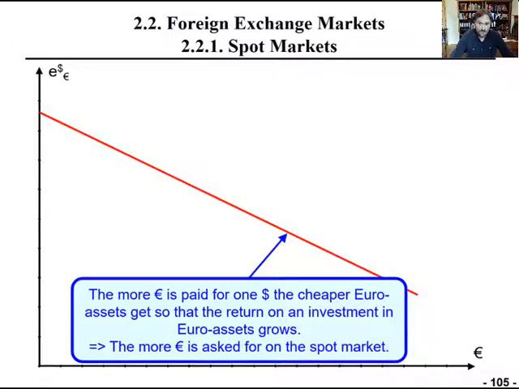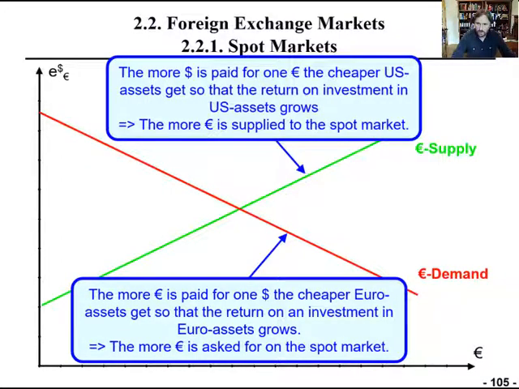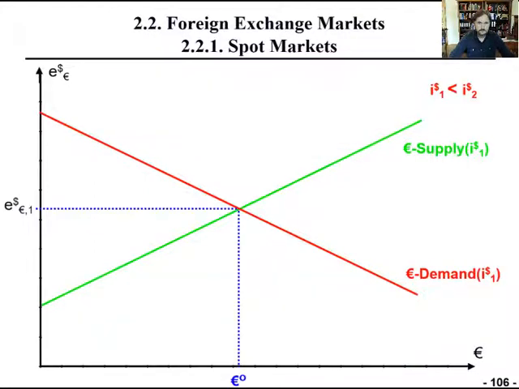The euro supply curve has the usual positive slope, since the more dollar is paid for 1 euro, the cheaper American assets get, so that the return on investment in American assets grows. The intersection point of both curves provides the equilibrium exchange rate.